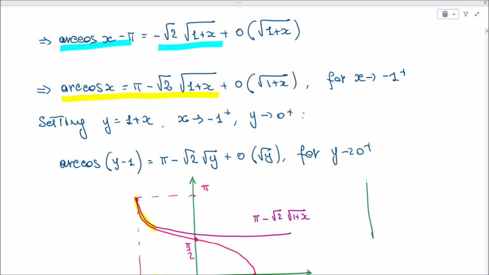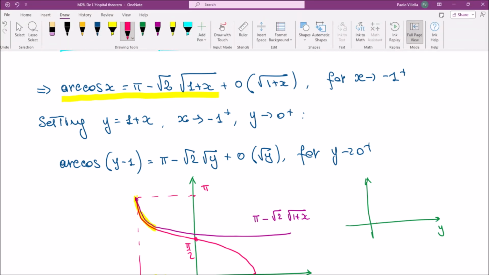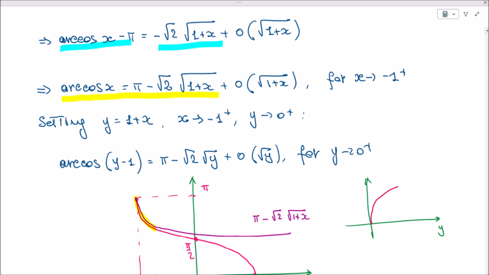And this also makes sense because if we remind ourselves what is the shape of the square root of y, let's say that this is y, and clearly remember that this is square root of y. Okay, so if we take the opposite, right, so this would be minus square root of y, and if we now shift this by pi upward, what we get is a function like this.